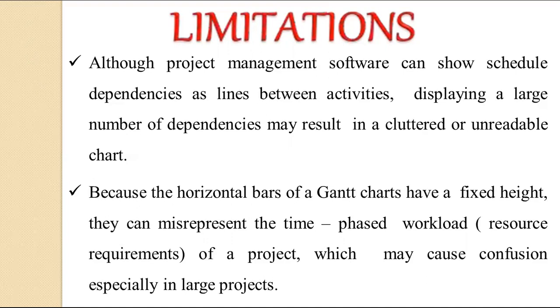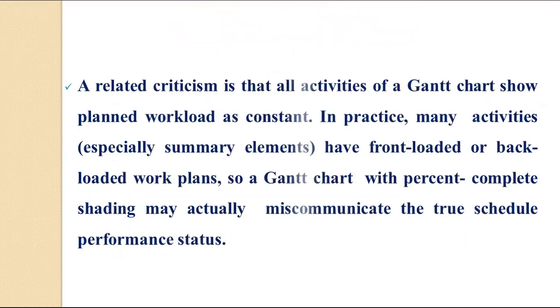A related criticism is that all activities of the Gantt chart show planned workload as constant. In practice, many activities, especially summary elements, have front-loaded or back-loaded work plans, so a Gantt chart may not show a true schedule performance status.